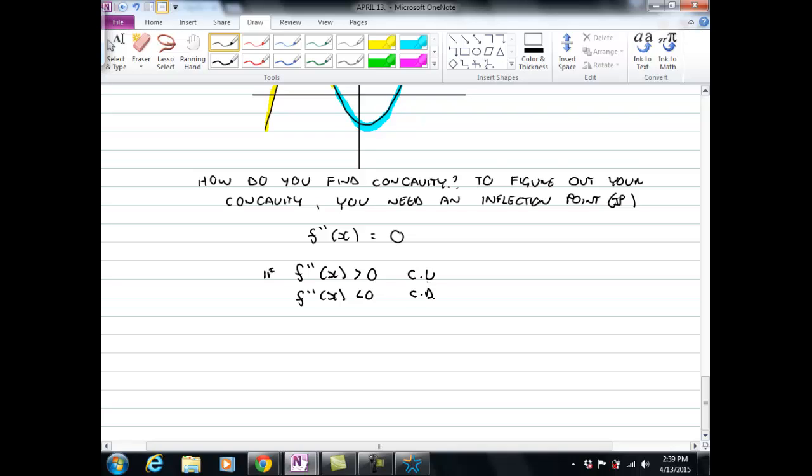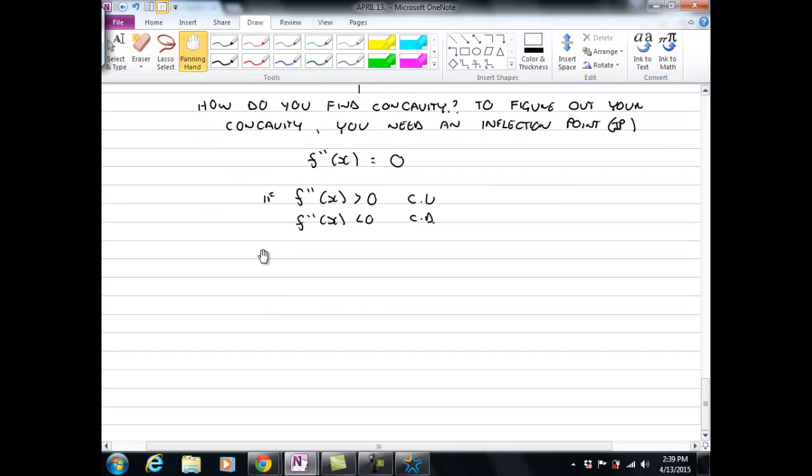Your question is this. At 0 is that inflection point, or we call that my Ip Man point. f(x) equals x to the power 4 minus 4x cubed.